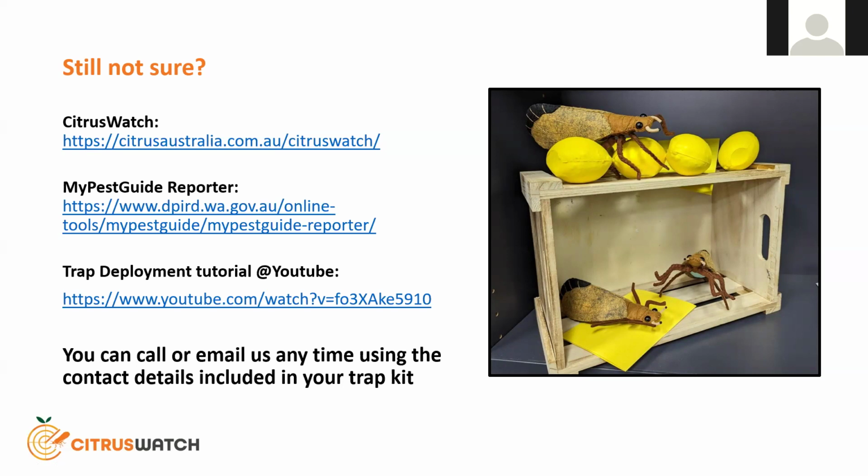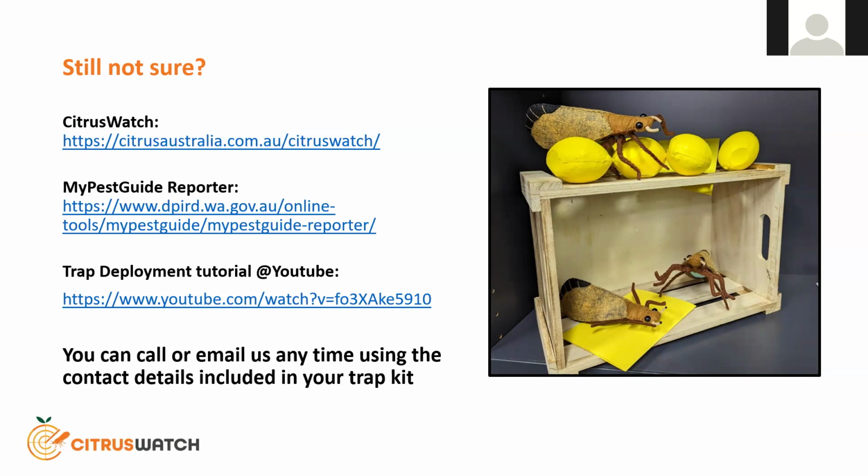We've got a more detailed printable copy of our instructions on there, as well as links through to MyPestGuide Reporter, which is this one in the middle here. That is the Deeper WA website for it. They administrate the app, as they are the owners of the app. So you can contact them directly as well for troubleshooting issues with the app itself.